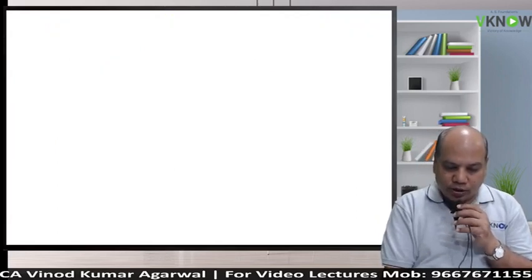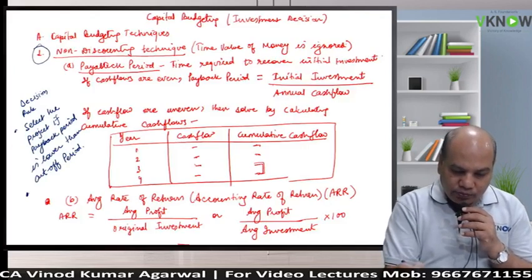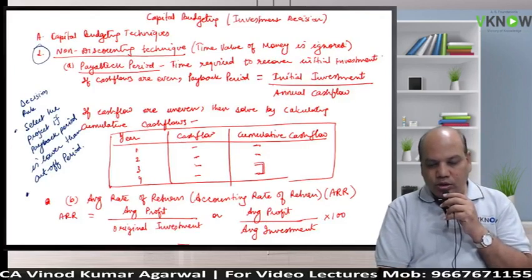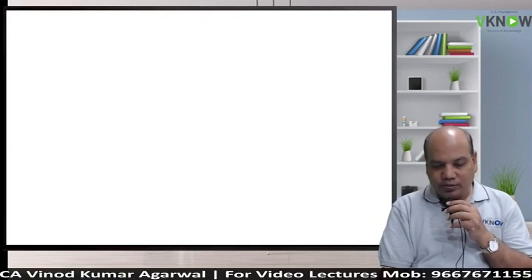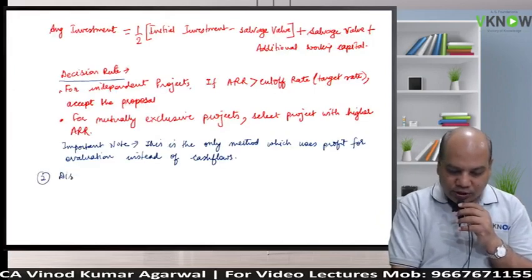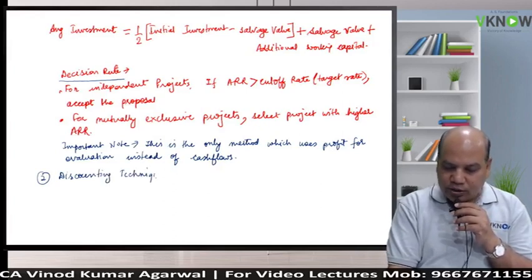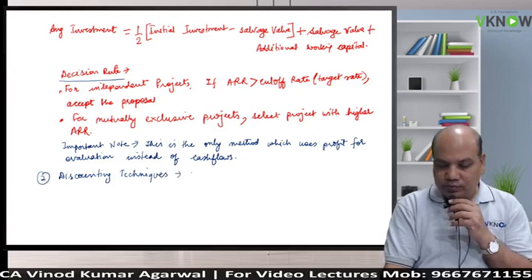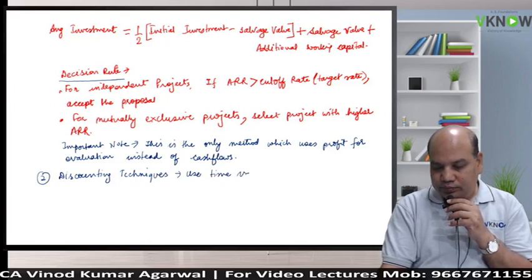Now we have written here point number 1, non-discounting technique. Under that, next point 2, write down discounting techniques. Why they are called discounting technique?